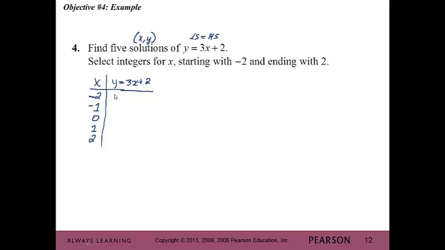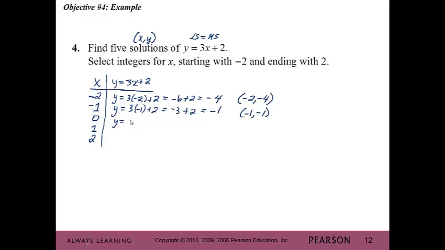So we have y equals 3 times -2 plus 2, which is -6 plus 2, which is -4. So we have the point (-2, -4). We do the same thing when x is negative 1, and we get y to be negative 1.